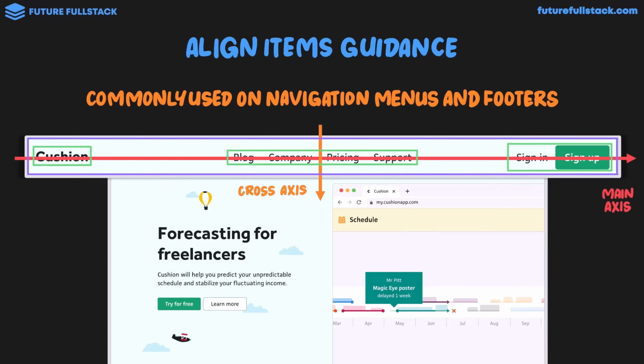Along the main axis, we would be using justify content with a value like space between to set the horizontal alignment, but we'd also want these items to be vertically aligned, that is, along the cross axis. And in this case, we would want them to be centered. If we didn't do this, the different flex items would just be positioned very weirdly vertically.